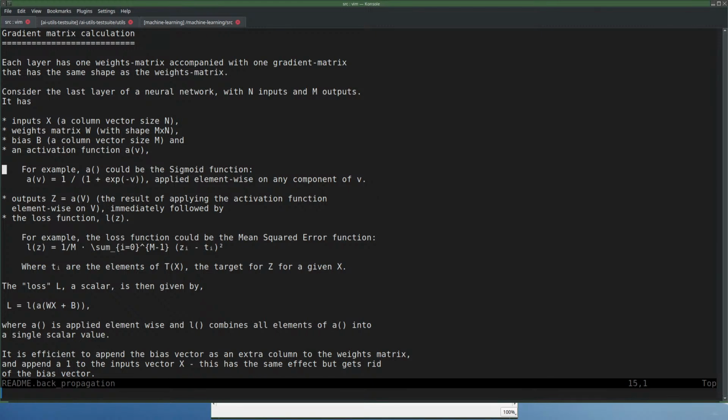Oh, we're not there yet, I guess. For example, A could be the sigmoid function. Output Z is the output of the activation function, the result of applying the activation function element-wise on V. So V is the result of W times X plus B, I guess.